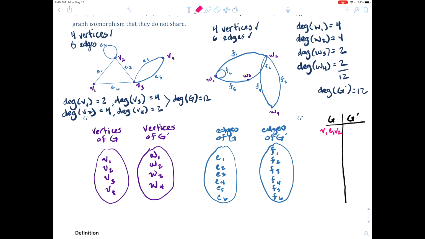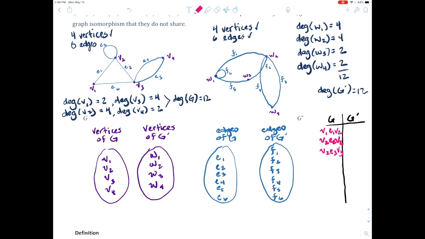So I'll go ahead and put all of these short walks of G and go from there. So we have V2, E2, V2. We have V2, E3, V3.